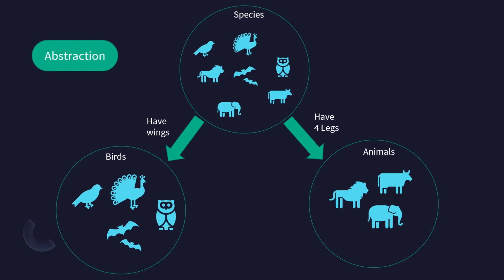All these species can move. So this movement quality, and they have life. These two qualities, movement and life, are inherited from the parent, and they are both present in the child classes.